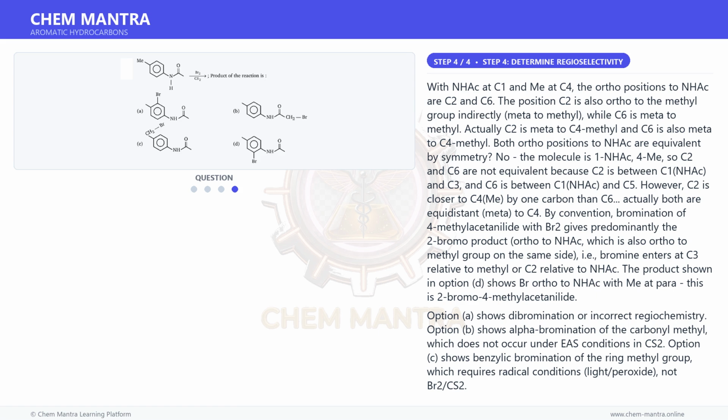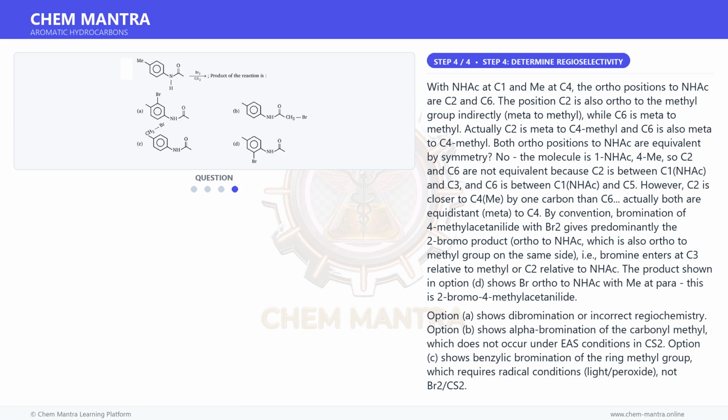Both ortho positions to NHAc are equivalent by symmetry. No, the molecule is 1-NHAc, 4-Me. So C2 and C6 are not equivalent because C2 is between C1, NHAc, and C3, and C6 is between C1, NHAc, and C5.